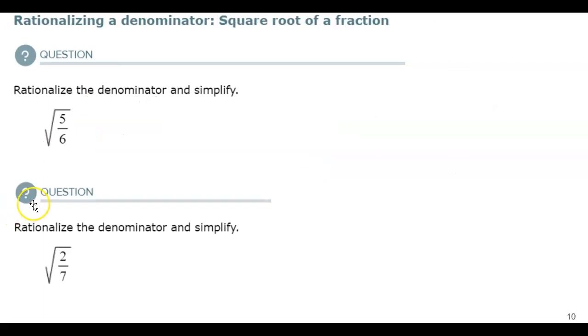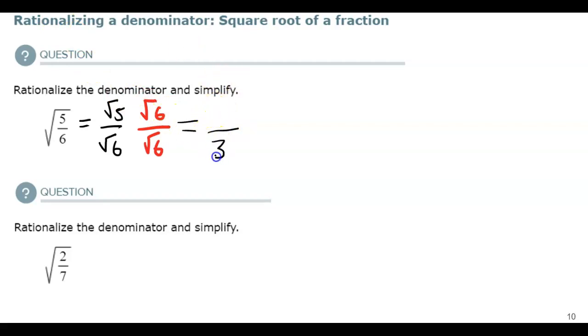Last type we're going to do is I'm going to first write this as square root 6 over square root 5. We talked about how to get rid of that square root. I'm going to do square root 5 over square root 5.